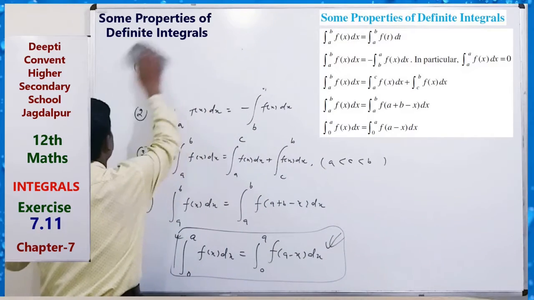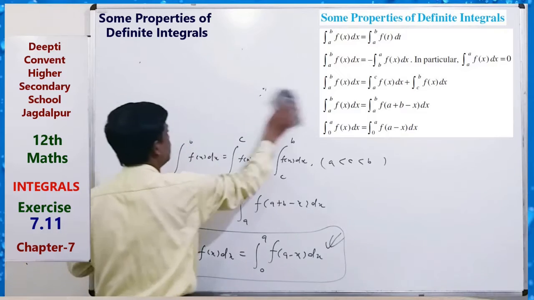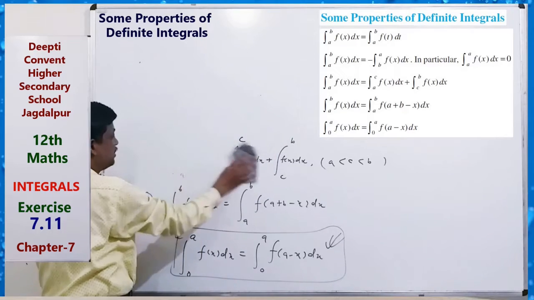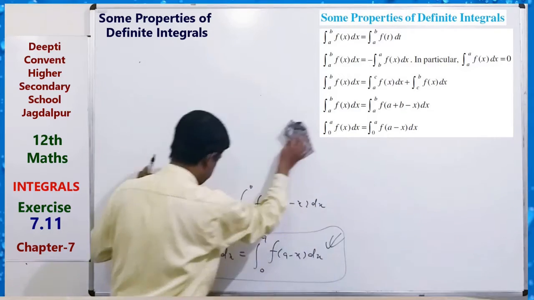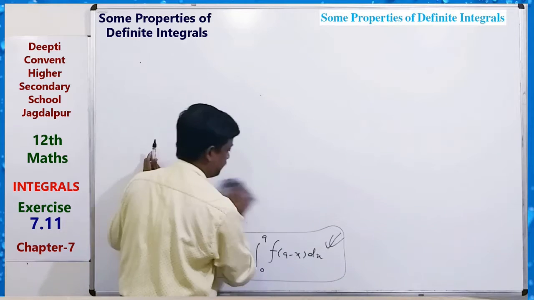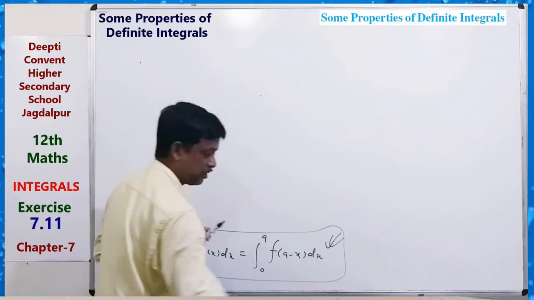Now the remaining properties depend on limits 0 to a, so these properties are very important.